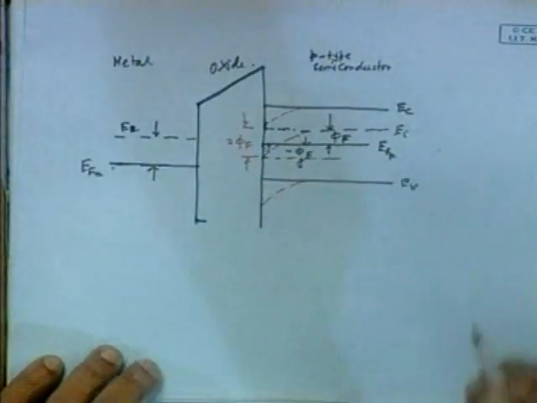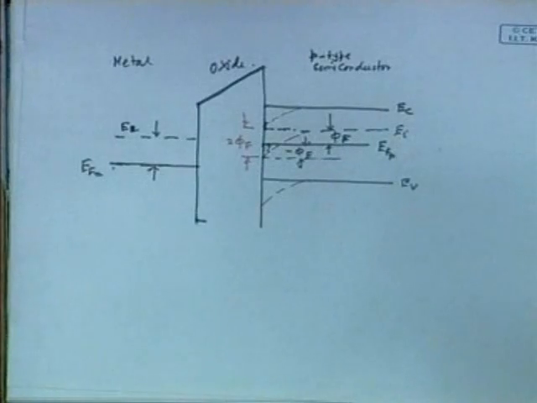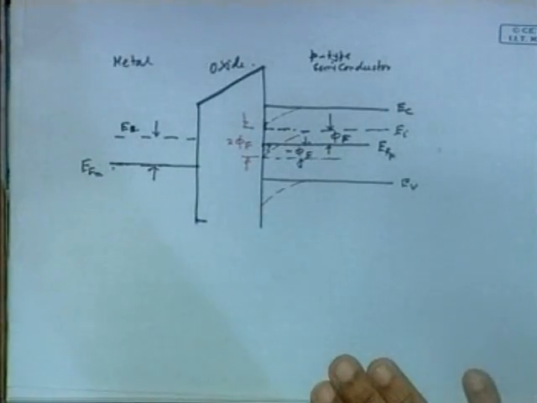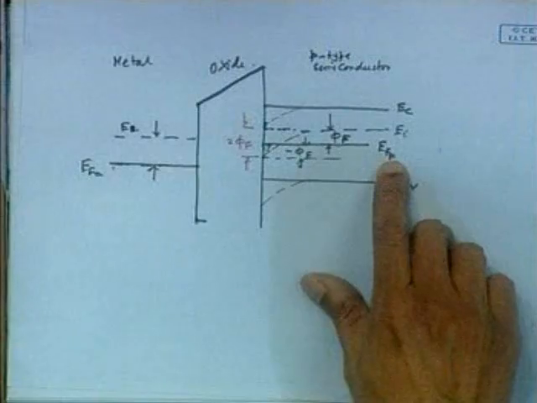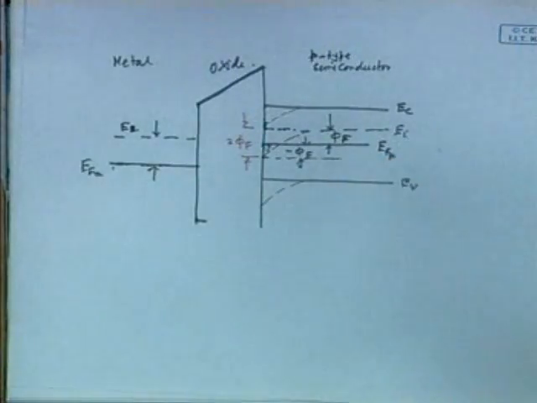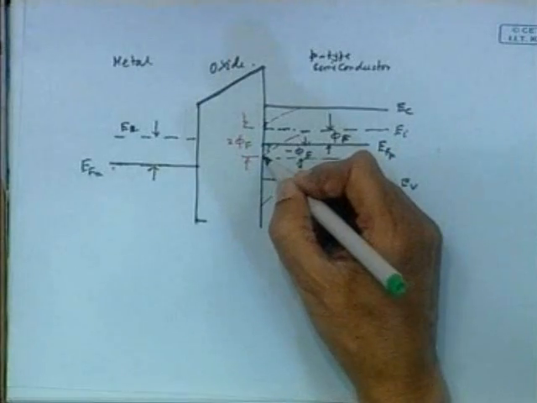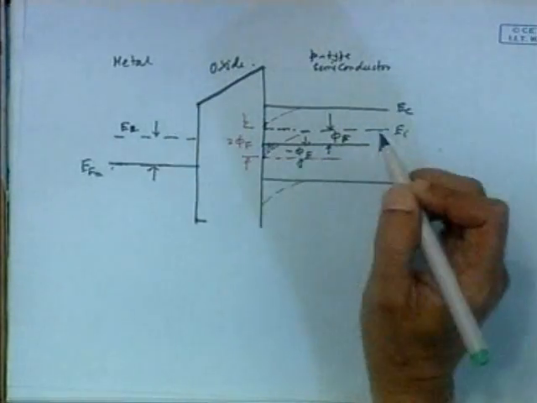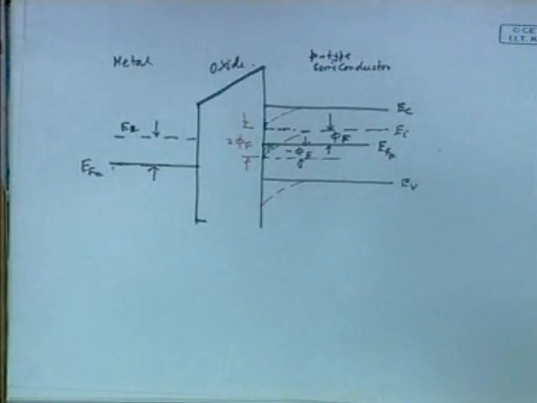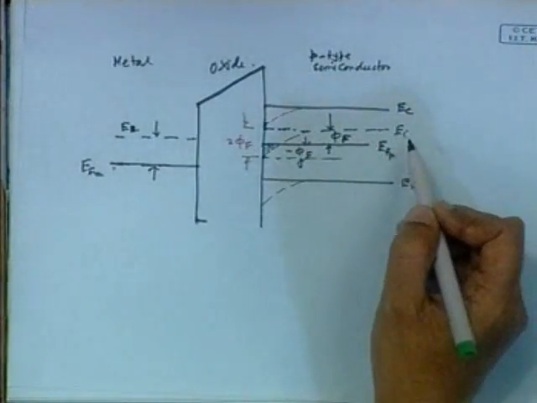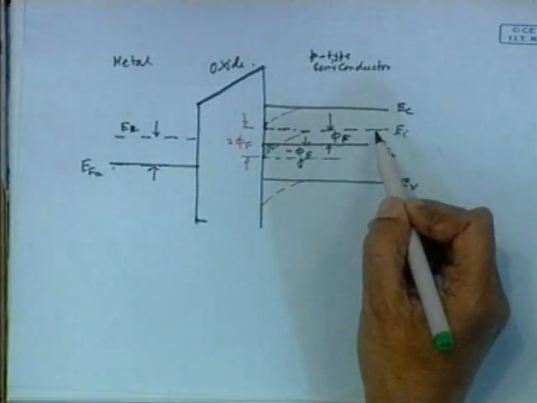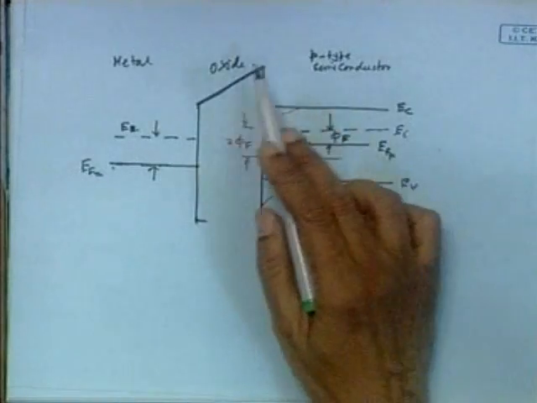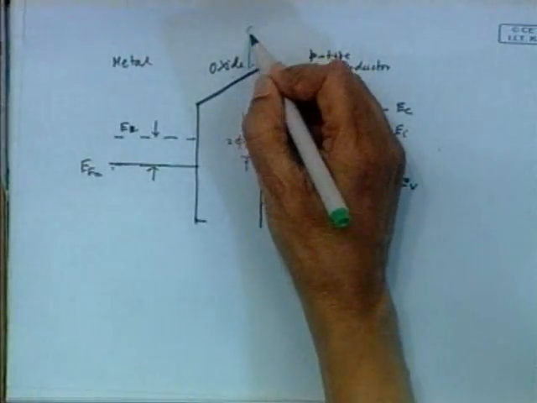That is the property of an N-type semiconductor, where the Fermi level is above the intrinsic level, and this is the region where electrons are now available.